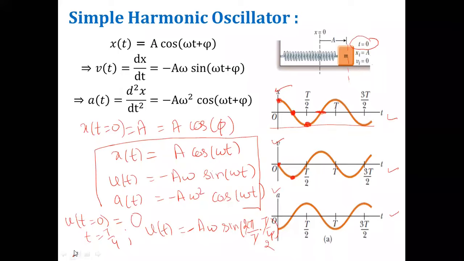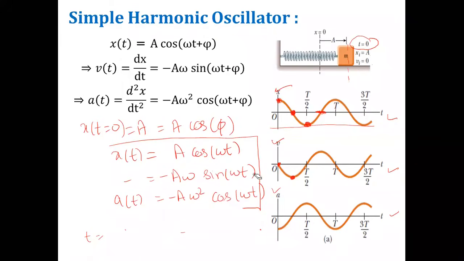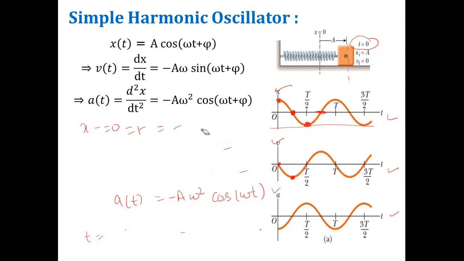Similarly, if you talk about acceleration here, let's get rid of these numbers also. Now, your acceleration at time t is equal to 0 will be equal to minus A omega square.